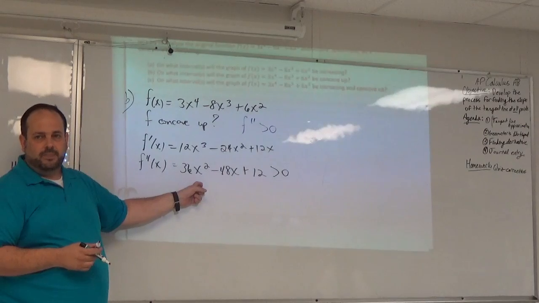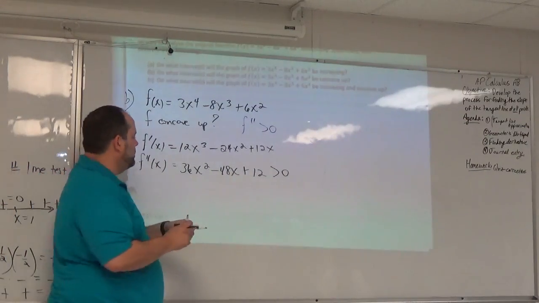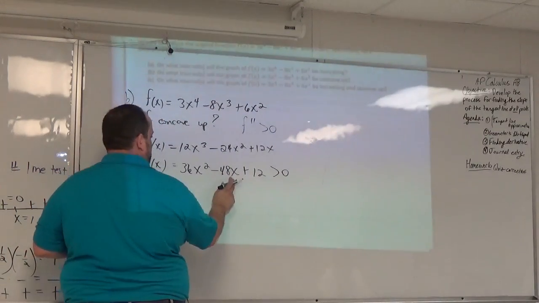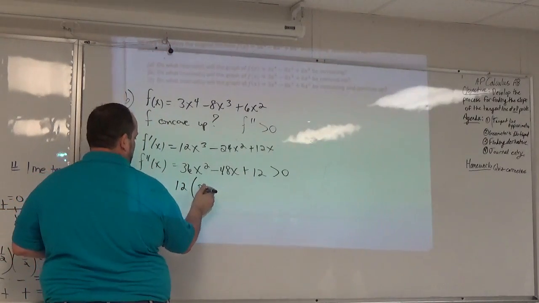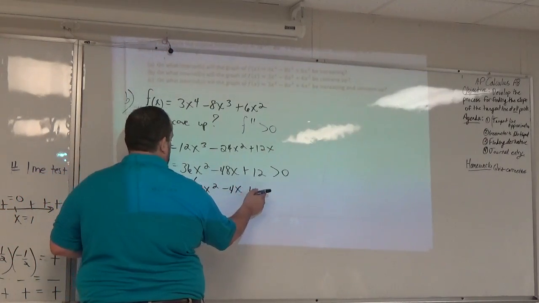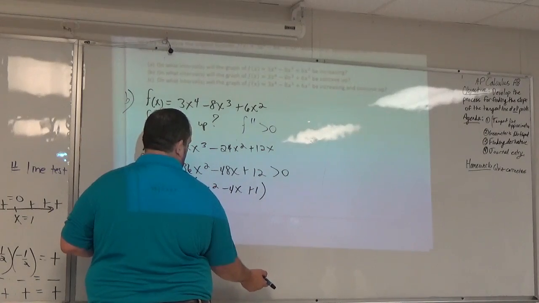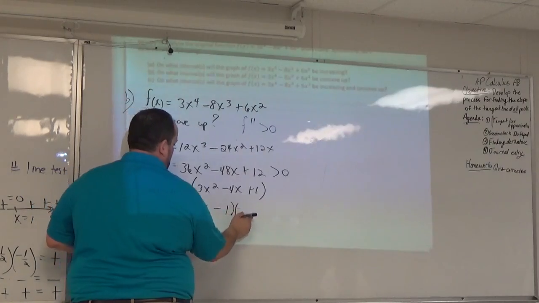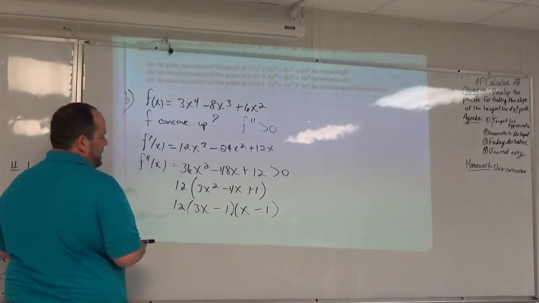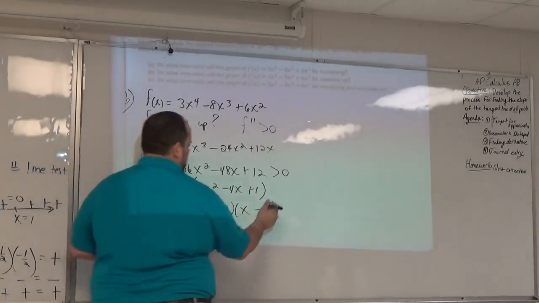And now this is just going to be number line practice. 36x squared minus 48x plus 12. Convenient, factor out a 12. 3x squared minus 4x plus 1. I think that factors as 3x minus 1 times x minus 1.